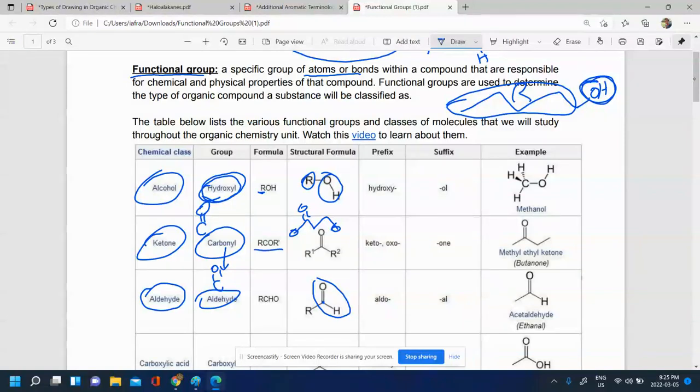So here we have the formulas represented to show what that would look like in condensed form. If you have an aldehyde, it's RCHO, which essentially means R, C double bond O with an H there. This one over here means R, C double bond O, and then the rest of the carbon chain. And this one simply means carbon chain connected to an OH.